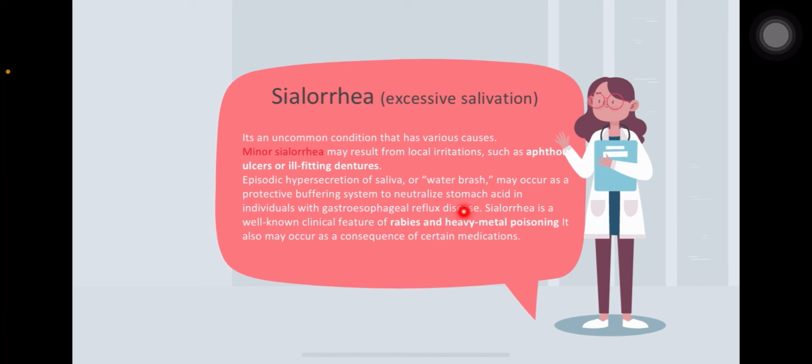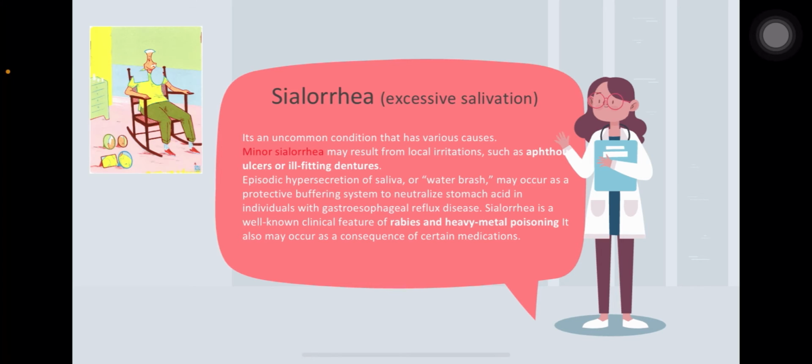Sialorrhea is a well-known clinical feature of rabies and heavy metal poisoning. It may also occur as a consequence of certain medications given to treat Alzheimer's and myasthenia gravis.